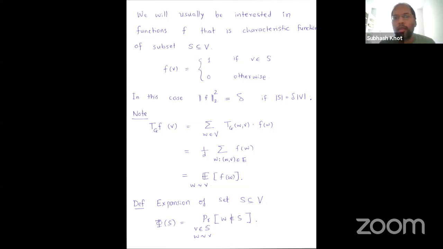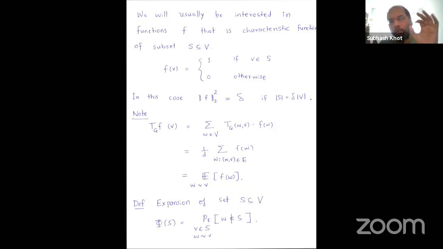At least morally speaking, what you would expect is that as the sets get smaller and smaller, the expansion gets closer and closer to 1.